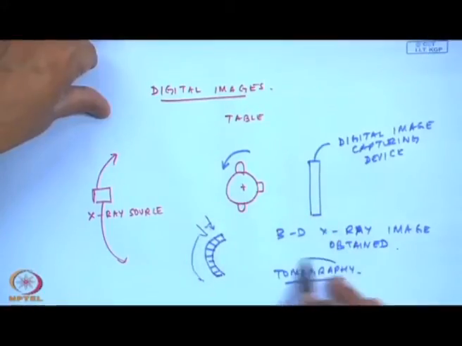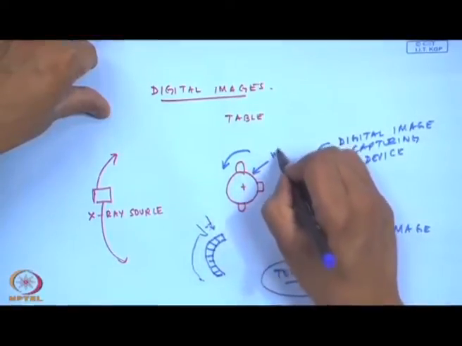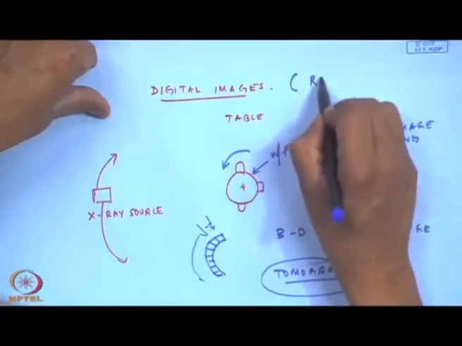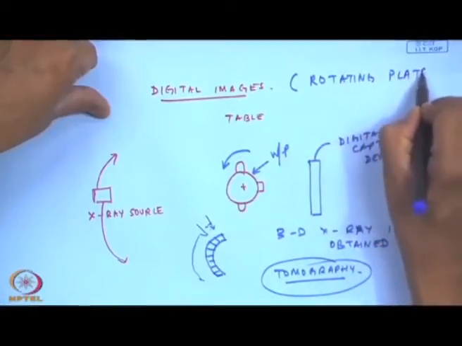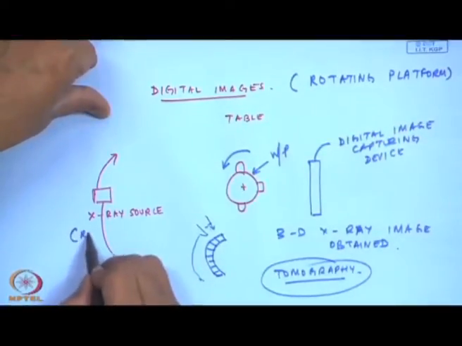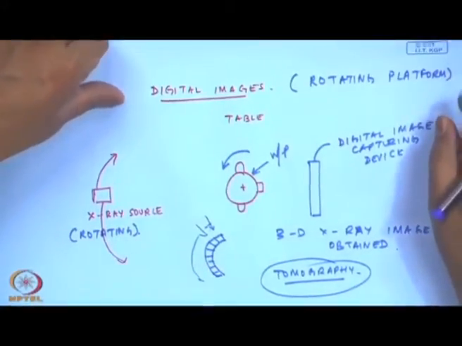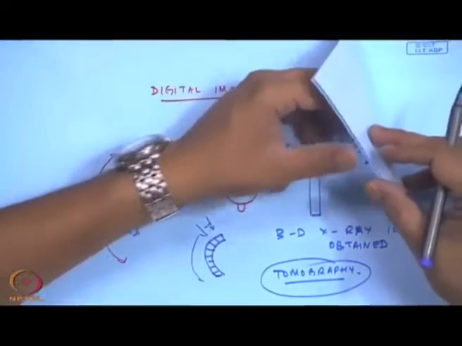So, this kind of modern technique, wherein the workpiece or material is put on a platform, and a rotating platform is used, or a rotating X-ray source. So, depending on the convenience, this kind of operation is possible. So, at the end of the day, we will get a 3D X-ray image for the material under test.